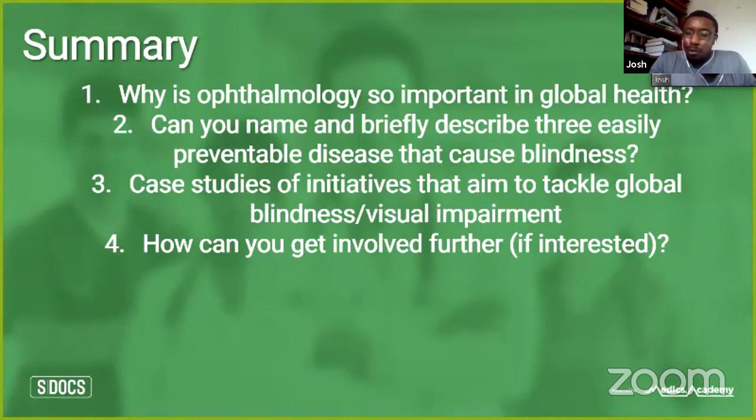If they haven't come across well, then it's probably my fault, because this is what I wanted you to be able to answer. 1, why is ophthalmology so important in global health? 2, can you name and briefly describe 3 easily preventable diseases that cause blindness? 3, name some case studies or initiatives that aim to tackle global blindness and visual impairment. And 4, if you are interested, how can you get involved further in global health ophthalmology?